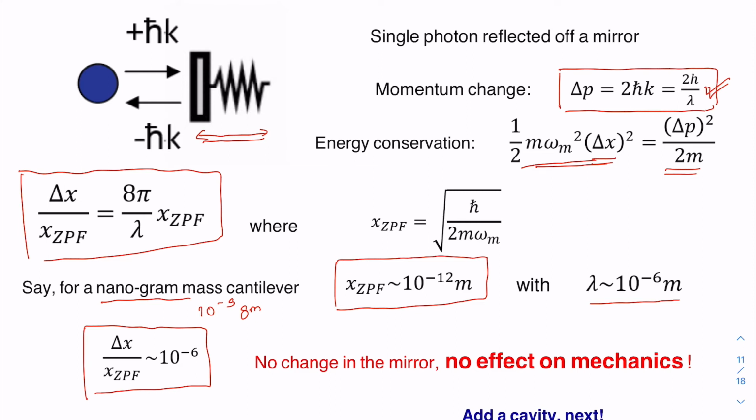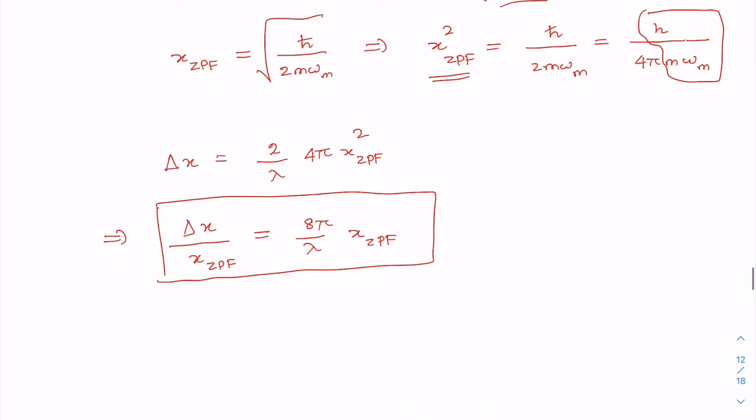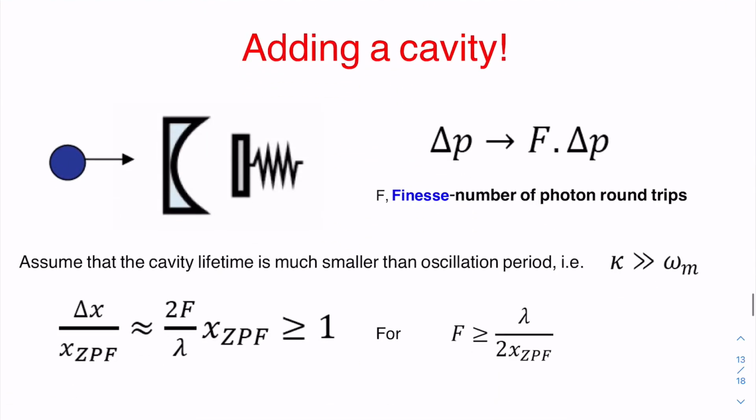the displacement of the mirror must be greater than the zero-point fluctuation, and in order to do that, what we can try is putting another mirror here, and let us see what happens if we put another mirror there. So this will basically become a cavity.